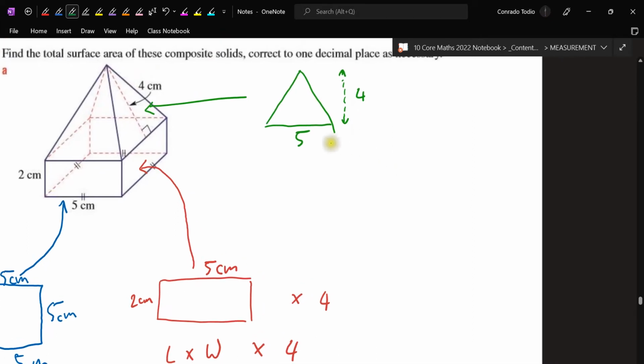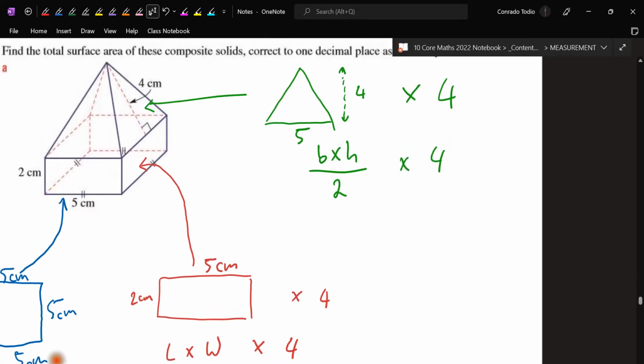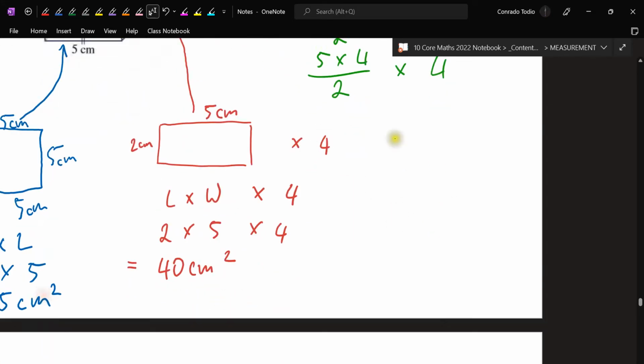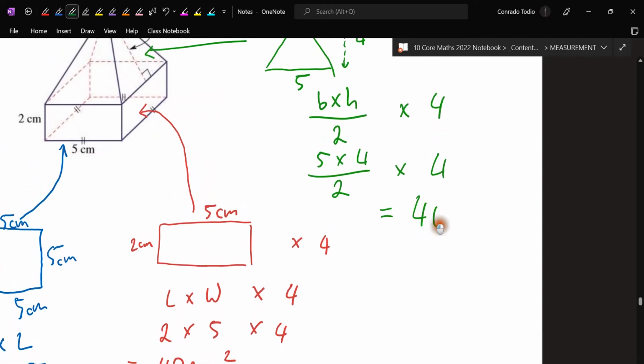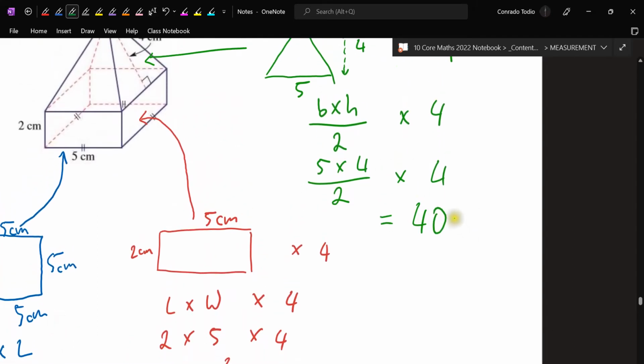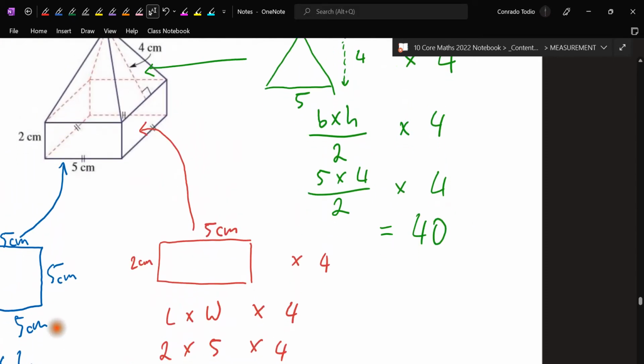So in that case, okay, remember base times height divided by 2. Oh, sorry, I forgot to mention there's 4 triangles. So you're going to multiply your answer by 4. Base times height divided by 2 times 4. So if the base is 5, the height is 4, divided by 2 times 4, and that will equal, no, what's that, 40 centimeters squared. Yeah.